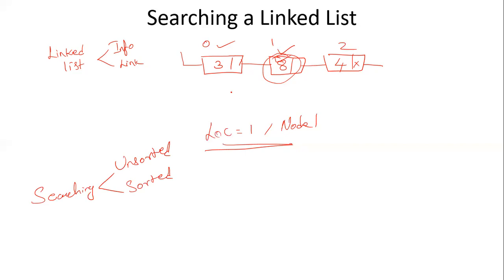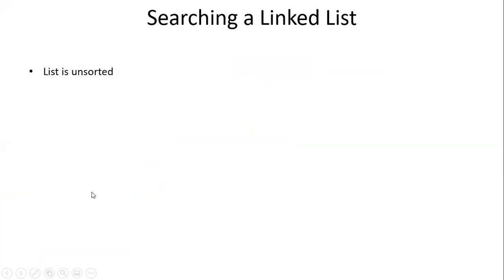Sorted means the linked list itself would be sorted, so by following the links, you will see the given details in a particular order. What we are going to study here is how to search an unsorted linked list.